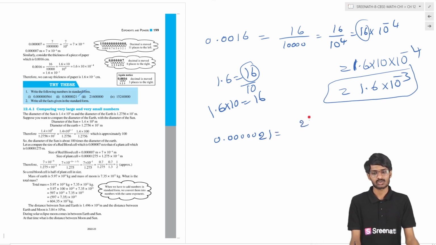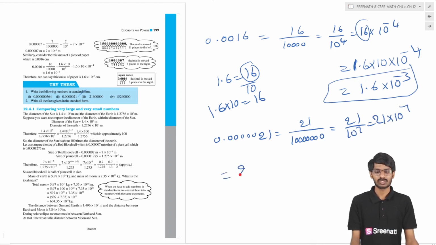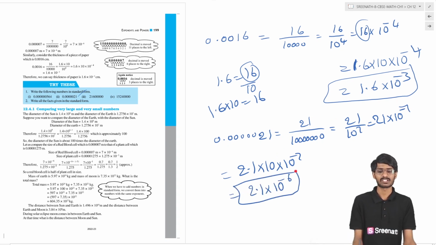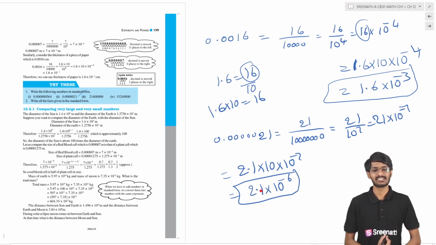So we write it as 21 divided by 10 power 7, with 7 zeros, students. That will become 21 into 10 power minus 7. We can write 21 as 2.1 into 10. Here there is minus 7, so it will become 2.1 into 10 power minus 6, students. This is the simplest form. In this way you can write these.